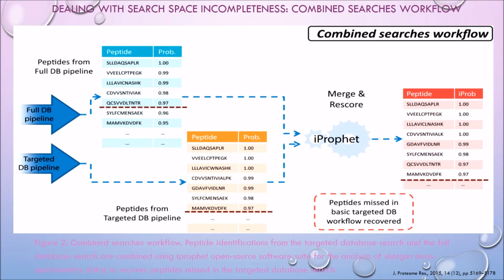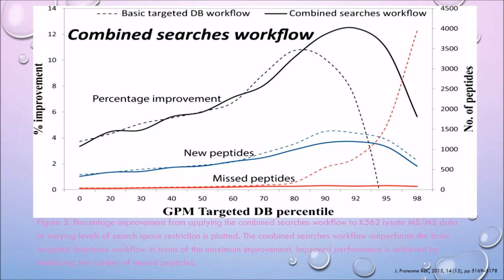And in this figure, we can clearly observe the difference between the targeted database workflow and the combined search workflow. We can compare both and see that with the combined search they got better results and a high percentage of improvement.